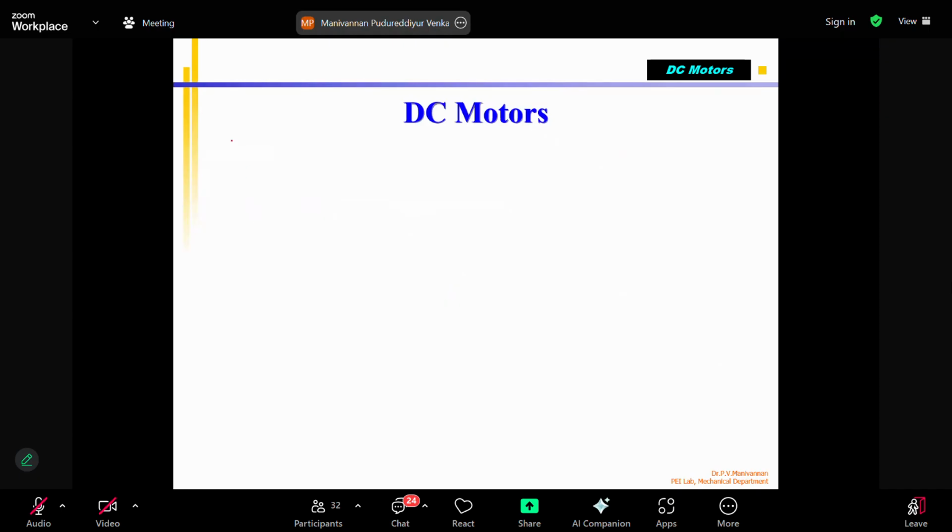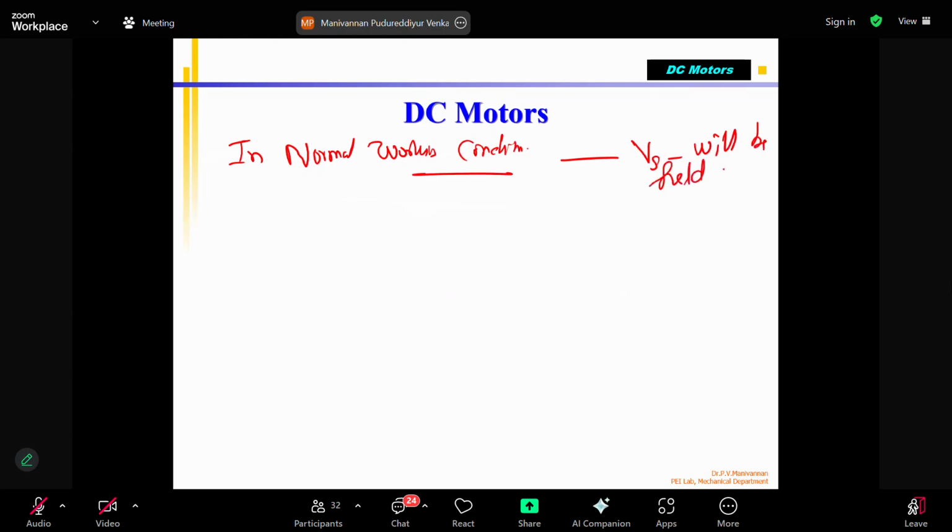In normal working condition, the V supply will be held constant, and as I already said, I shunt equals V supply divided by R shunt. This also will generally be held constant.